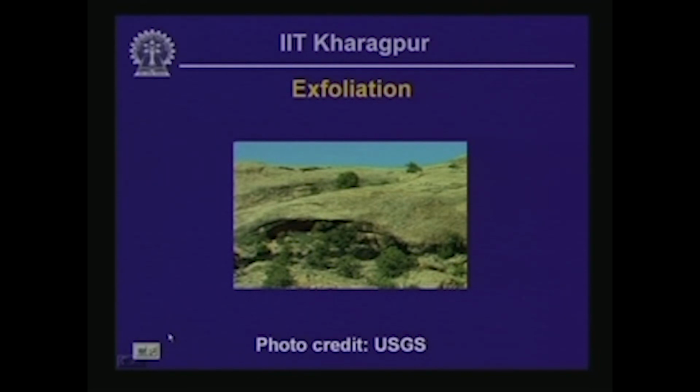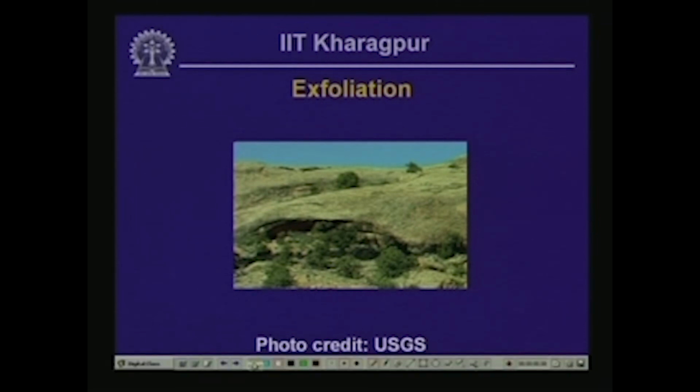Some of the examples associated with this type of mechanical weathering. Now here what we see is a weathering process which involves opening up of cracks because of an uplifted environment like what we discussed in the previous case, and the cracks are visible here. This is a sandstone area that we are looking at. These cracks are often parallel to the inherent bedding structure of this particular environment.